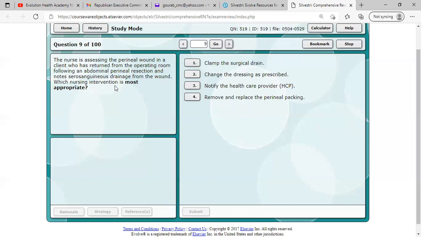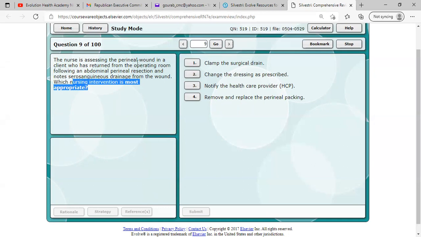Which nursing intervention is most appropriate? You see this question says most appropriate, and the patient has a serosanguineous secretion because the patient has a perineal wound. Out of four, which one is the highest priority, right?